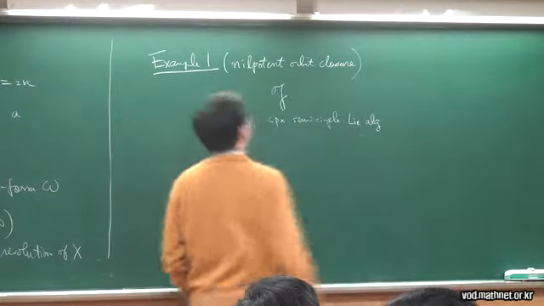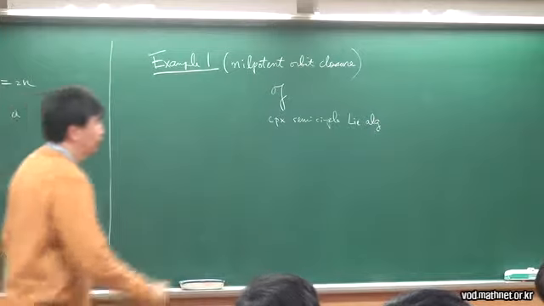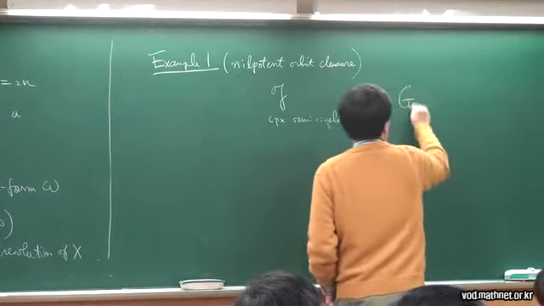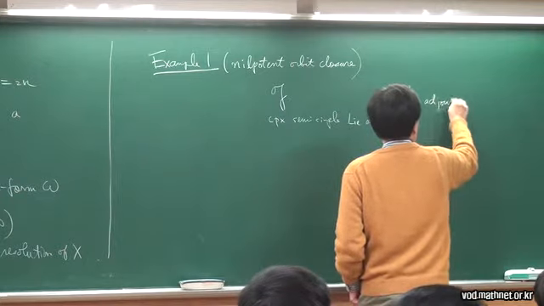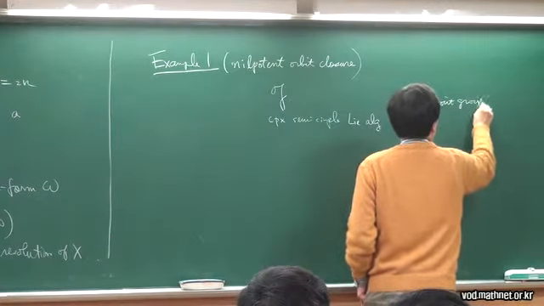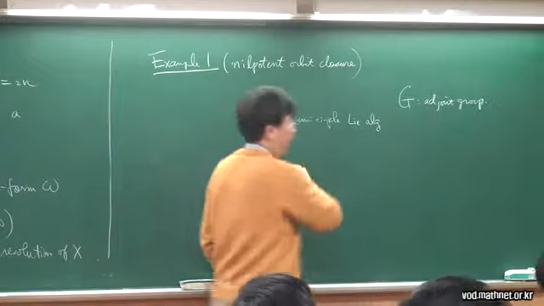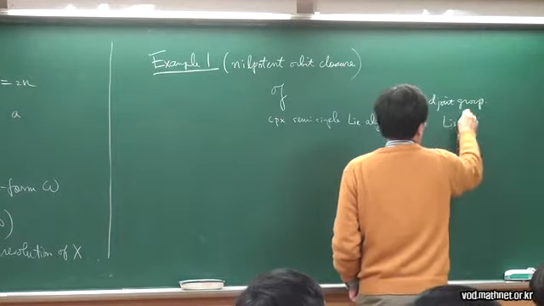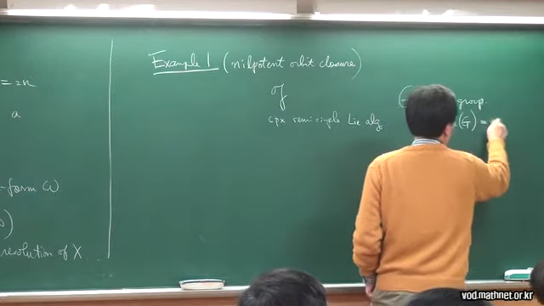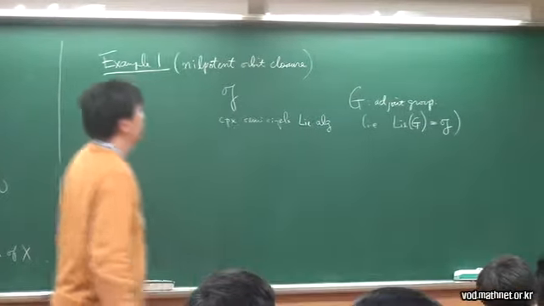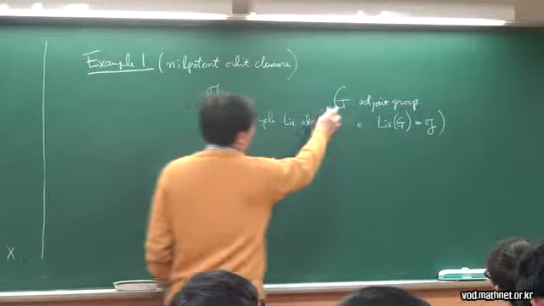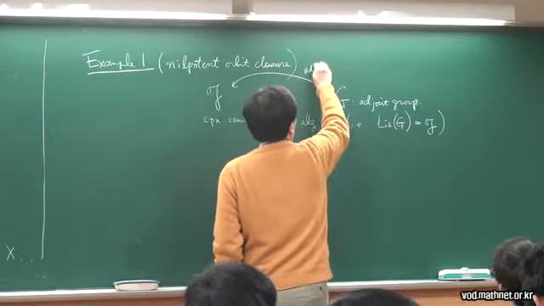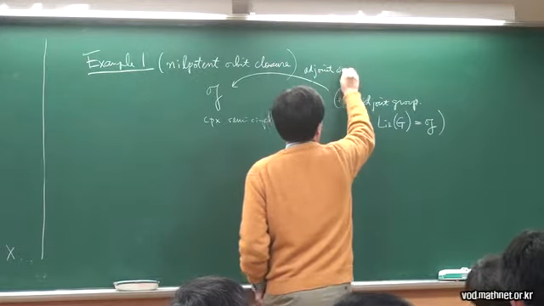and G is the adjoint group of such a Lie algebra. This means that the Lie algebra of G is nothing but k. Then G acts on k in the adjoint way. We call it the adjoint action.